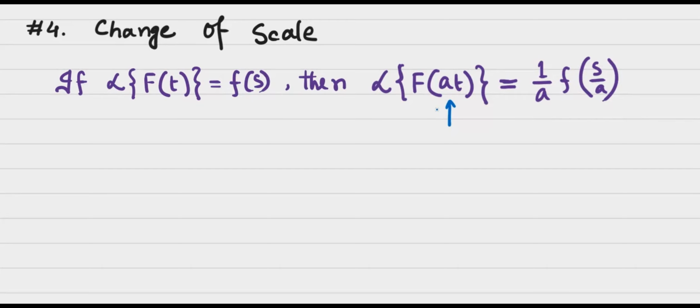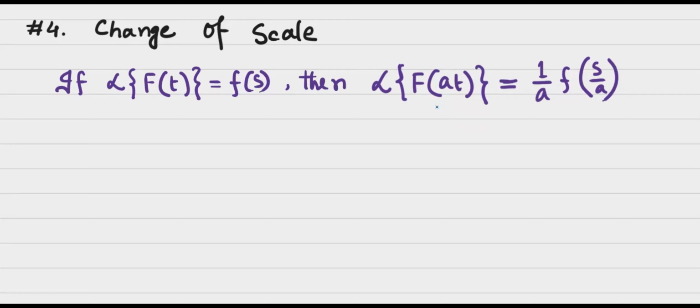As it turns out, the Laplace transformation of f of at is equal to 1 over a, so there's a factor that comes out, and then we have F of s over a. So we see s is also getting scaled, but really in the opposite fashion as t is getting scaled. So this is actually an important property, and we should strive to prove it right now.